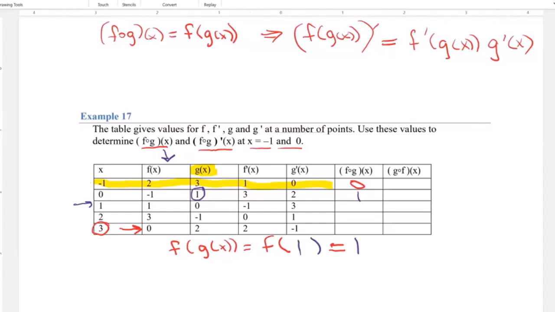Next, I'll just keep using the same place. Next, I have g of x equals 0. So f of 0. I go here to where x equals 0. I pick -1 for f of 0. Almost done.